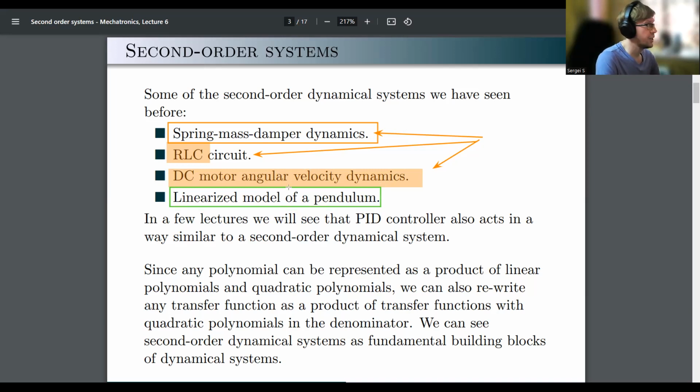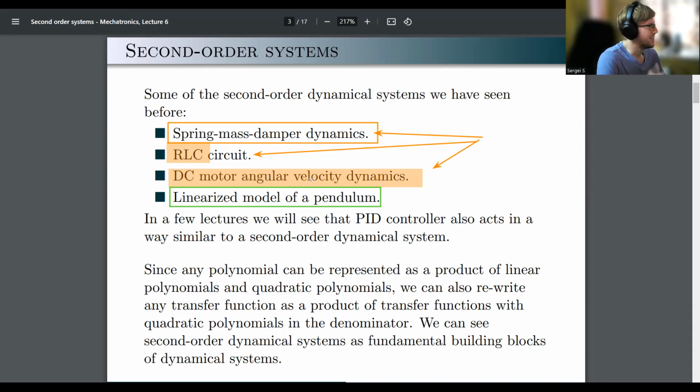So any system which has 1 mechanical degree of freedom will produce a second order linearized model. So it'll be inverted pendulum, but also anything else which can be described as something with 1 degree of freedom. Right? So that is it.